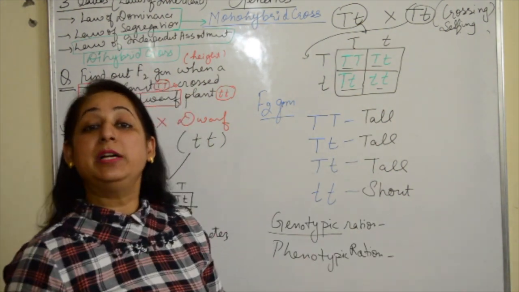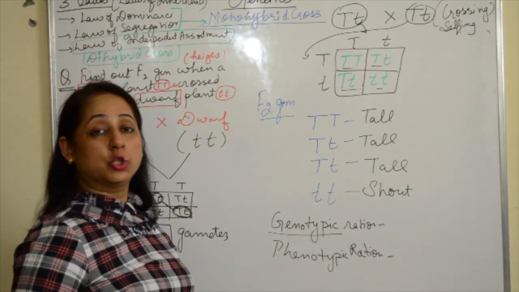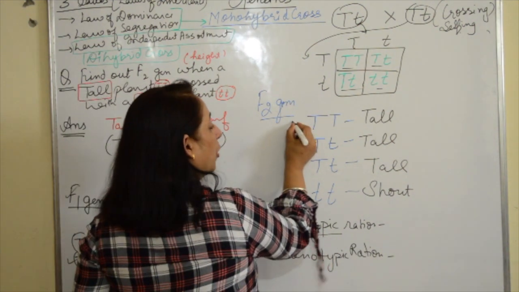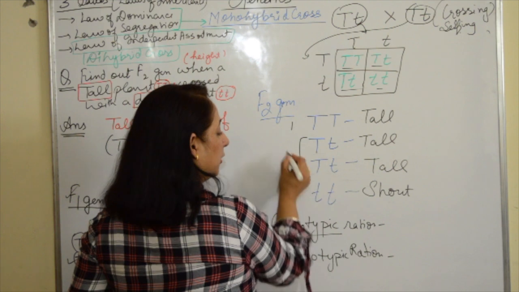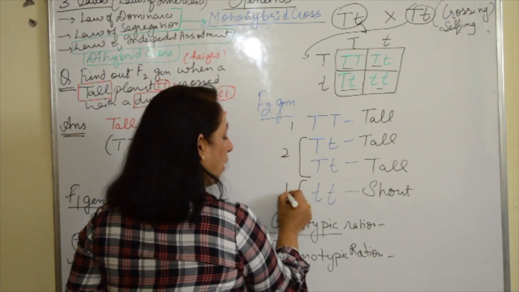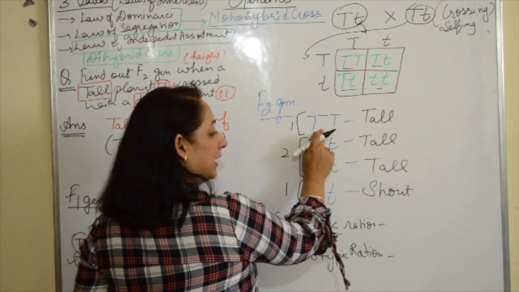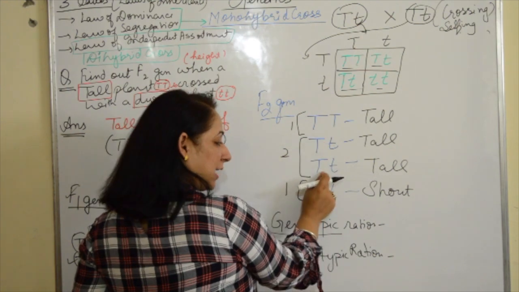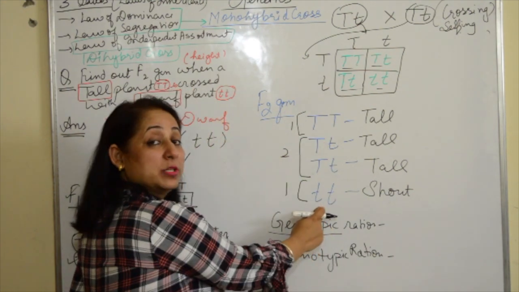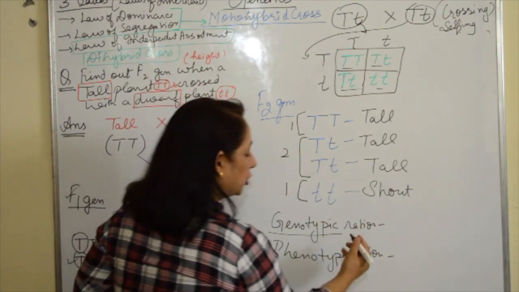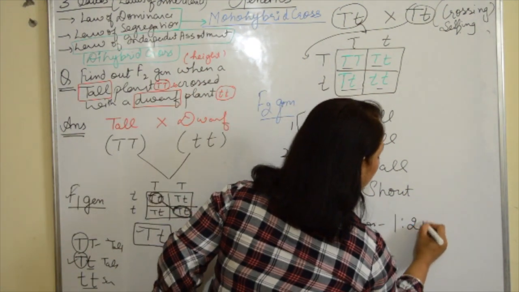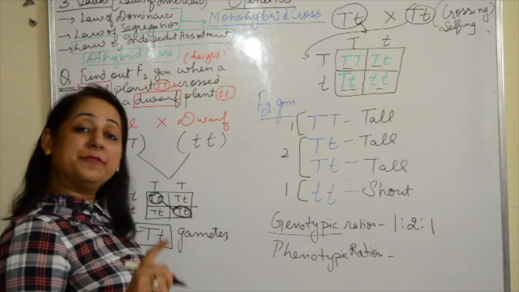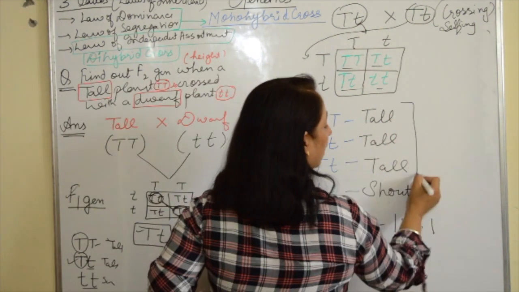Phenotype, the observable traits. So what is the genotypic ratio? That means 1 homozygous tall, 2 heterozygous tall and 1 homozygous recessive. So the genotypic ratio is 1:2:1.